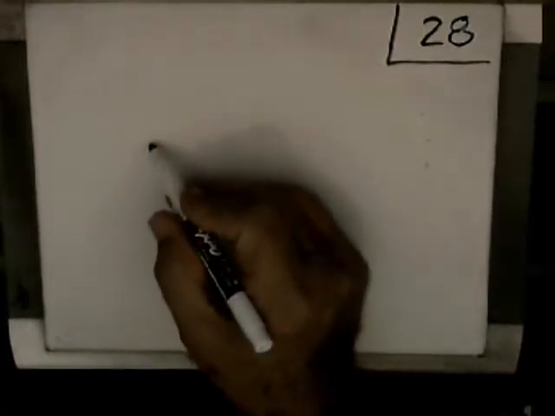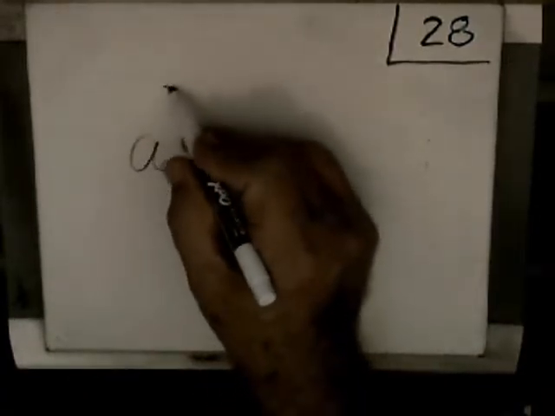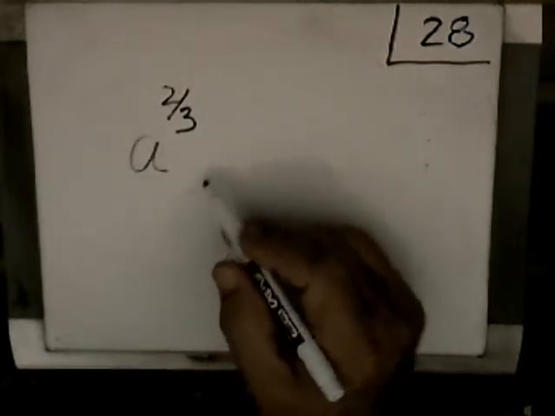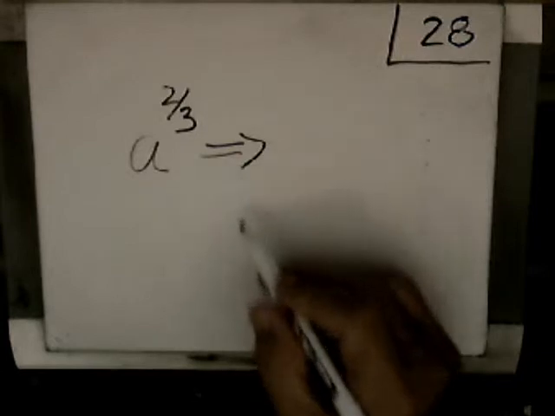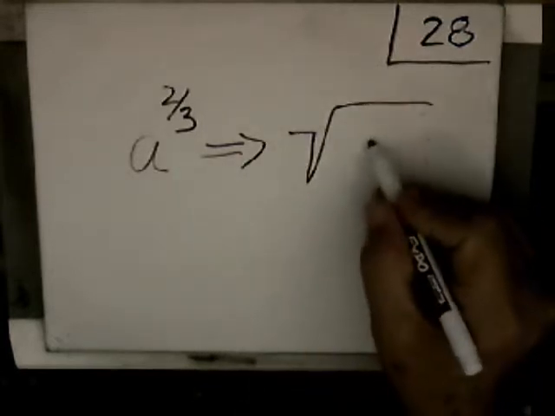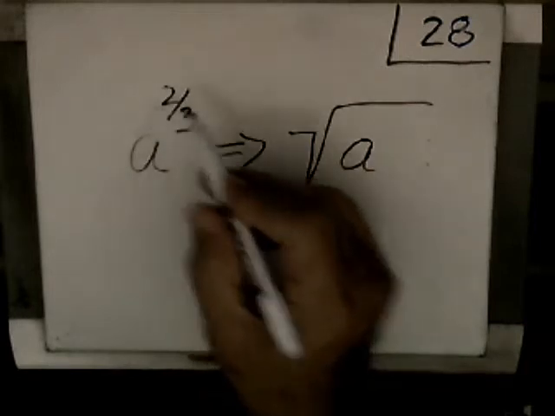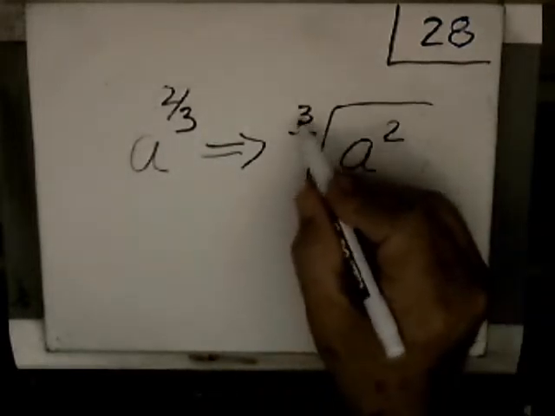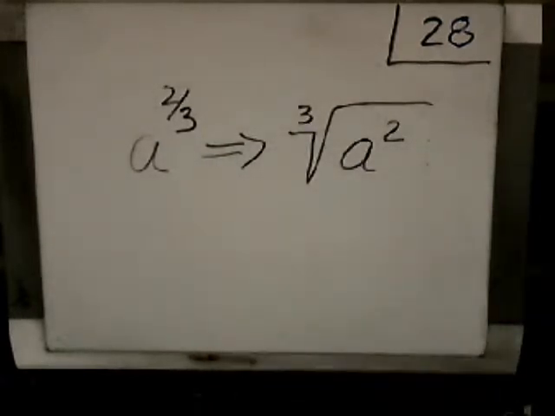Let's say a to the 2/3. Again, I'm not sure what to do with that, but let's use our rule and start with our radical symbol. We have an a in here, a to the 2 divided by 3. Well, there we are.